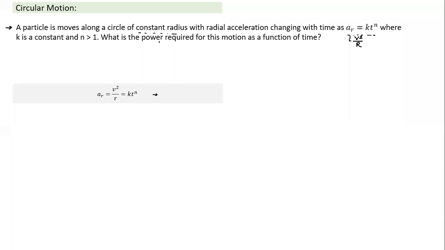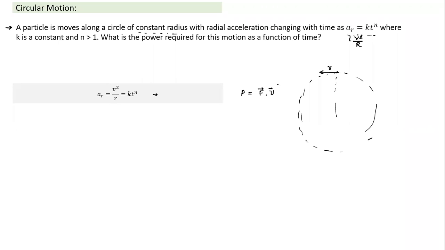What is power in the case of circular motion? The moment we talk about power, power is equal to the dot product of force and velocity. But when we talk about circular motion, force also we can take in two parts. Velocity is v, but what is the direction of force in circular motion?